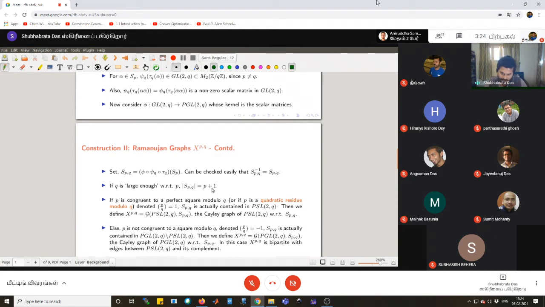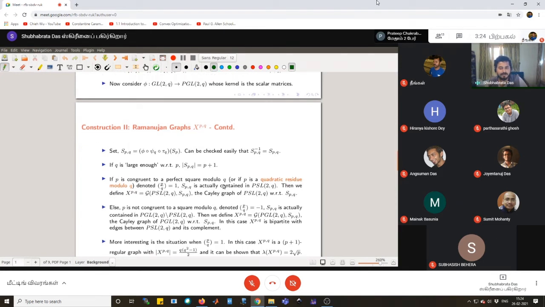We have all the elements retained. So that's the set we will be considering as our symmetric generating set.